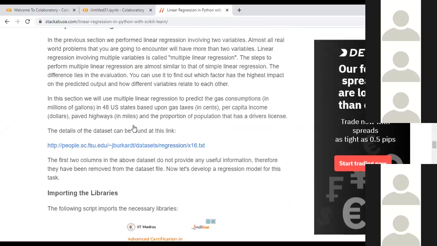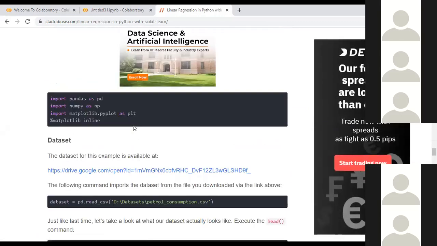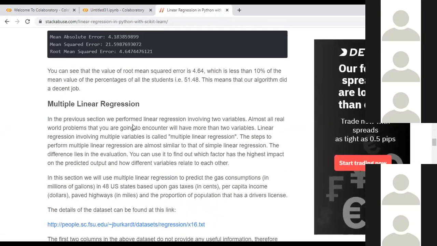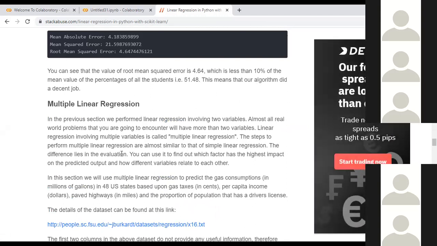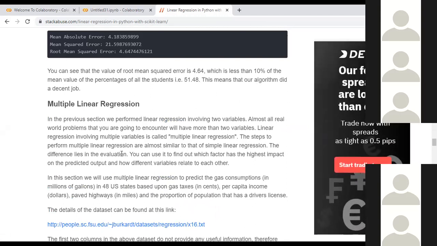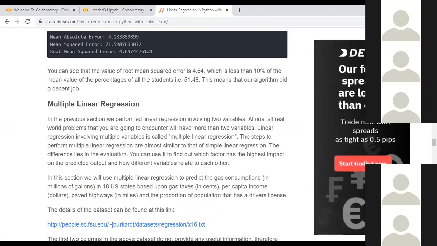So now we move to multiple linear regression. In simple linear regression, we are considering only one predictor value and one target value.